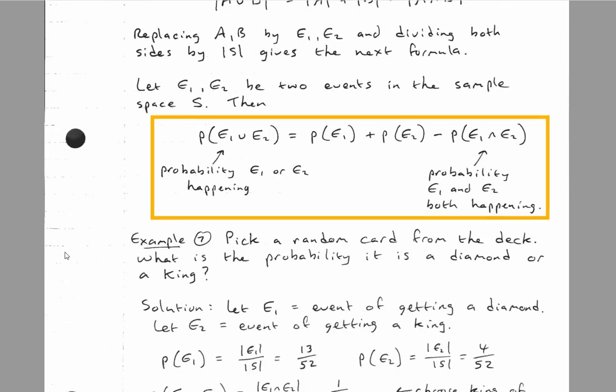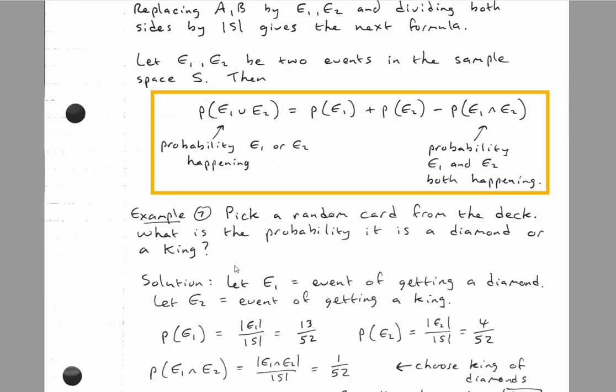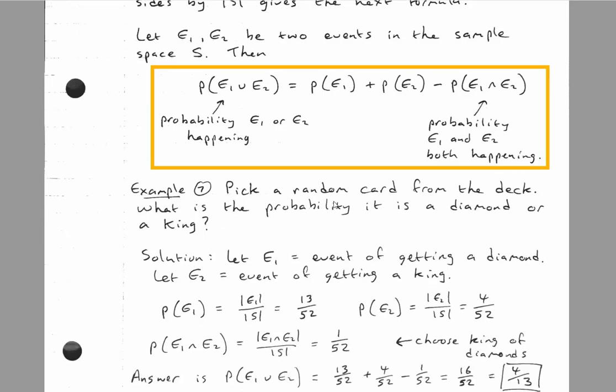Let's see an application. Example 7, pick a random card from the deck. What is the probability it is a diamond or a king? So let's break this into 2 events. Let E1 be the event of getting a diamond. Let E2 be the event of getting a king.